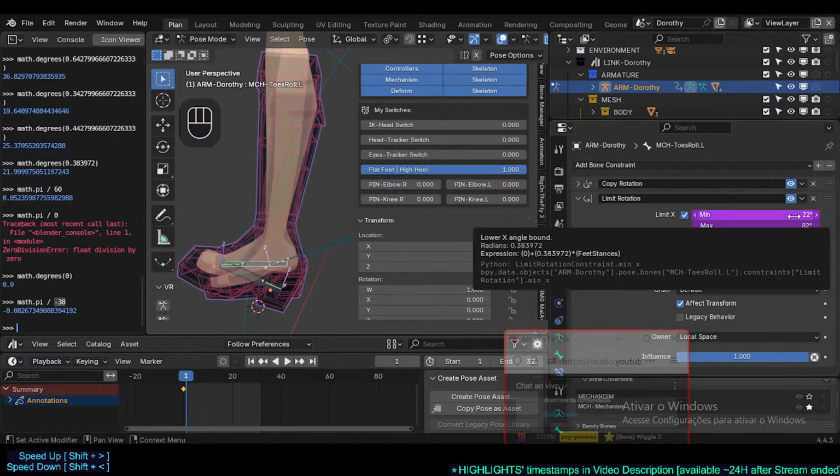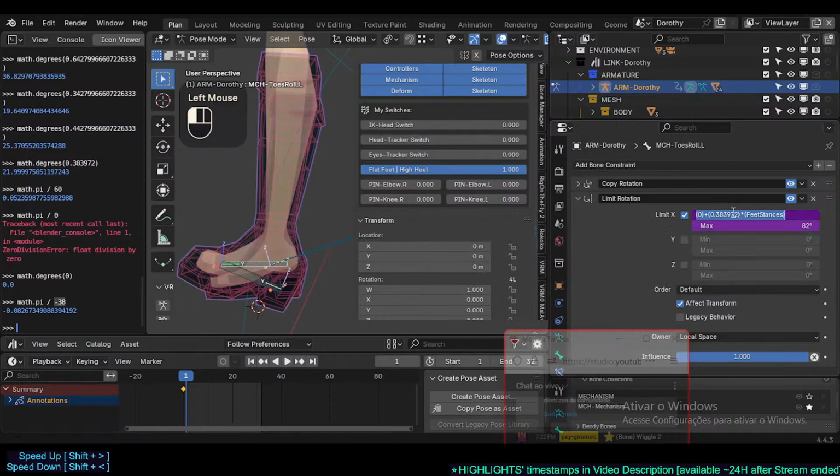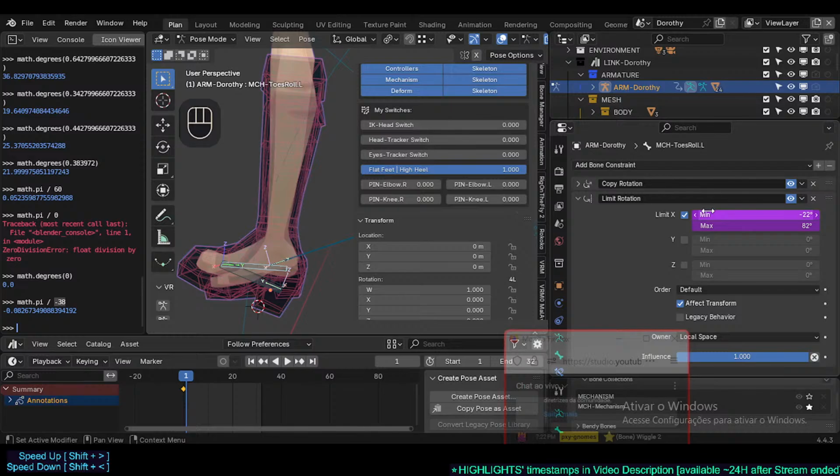Okay, so let's say 0 minus. Okay, this, right?